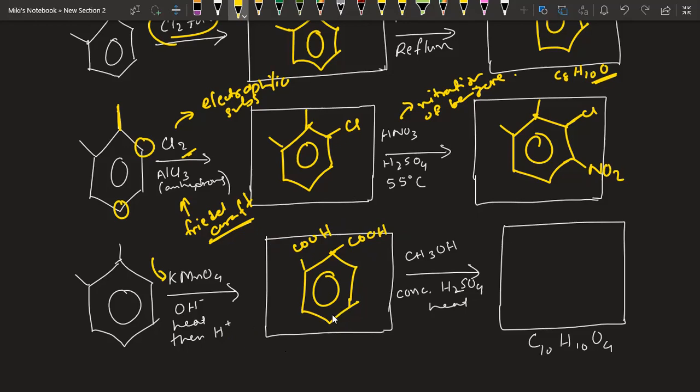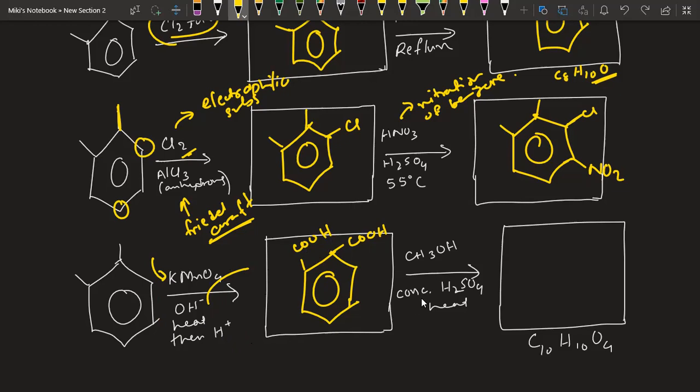So that's what they tried to mean: either way, if you directly apply acidic oxidation, or at first alkaline oxidation happens and then acid is added, in both situations the same thing happens. The acid will be forming in this case. But if H plus was not added, then only the salt would have been present here.